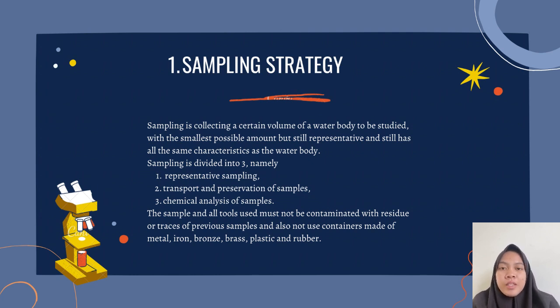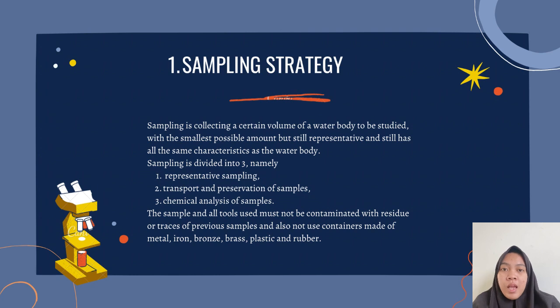Samples can be taken separately using a bucket, plastic or glass bottle, opened and weighted, for example, with a lead ring around the neck, tied with a rope, then put into rivers, canals, wells, and so on.